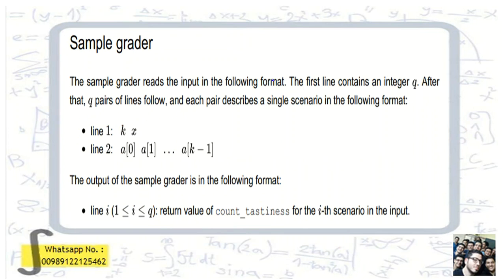On the sample grader, you have at first the input Q, the number of scenarios, and then you have K, X, the number of types of biscuits and the number of bags, and then A0 through A_{K-1}, how many biscuits of each type. The output you should print in line i is the return value of count tastiness for the ith scenario in the input.